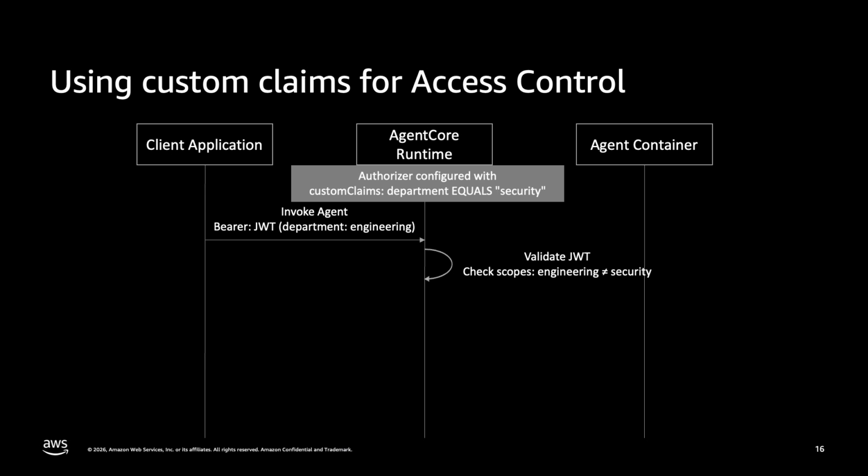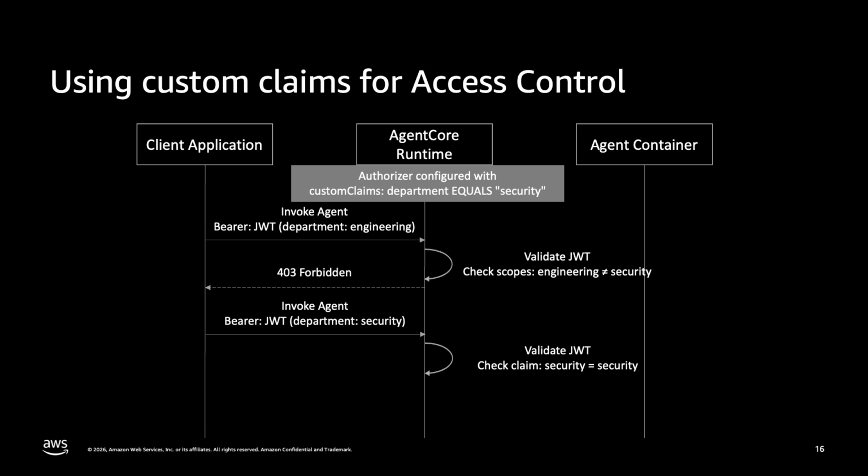Engineering does not equal security, so the request is denied with a 403. Now, an individual from the security team invokes the agent. Their token has custom department value of security. Same validation, but this time the claim matches. AgentCore forwards the request to the agent and the user gets a 200 OK.